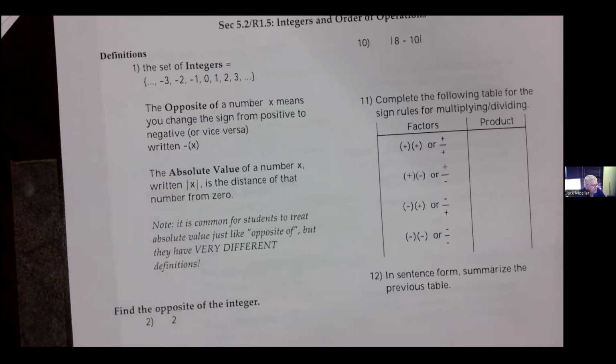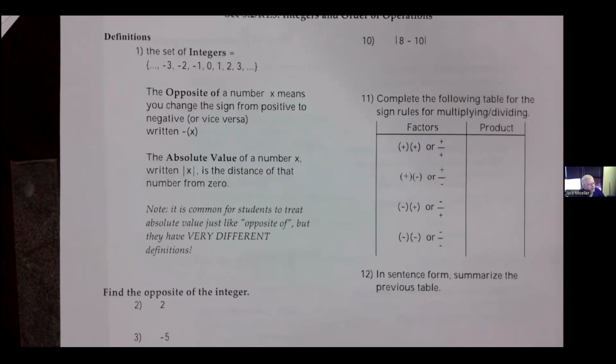Absolute value tends to cause more problems because we don't use it nearly as often. Often students treat absolute value just like opposite of, because half the time it acts like opposite of, but it is different. The definition of absolute value is the distance of a number from zero.